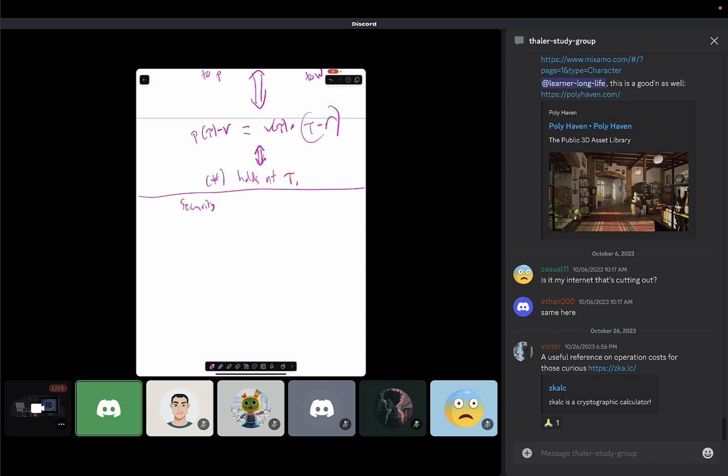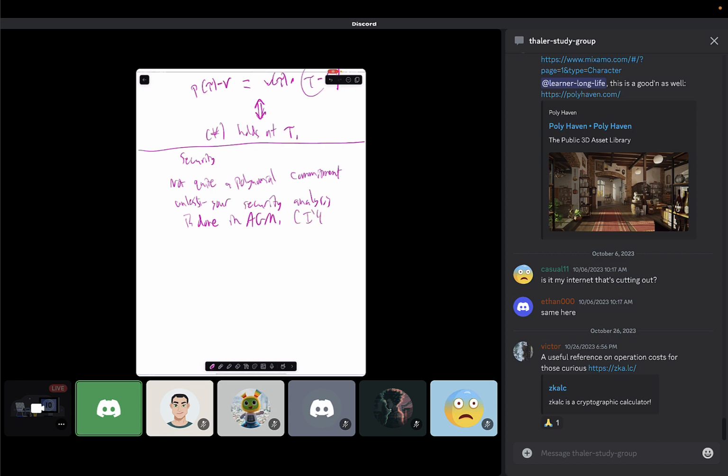So the scheme I just described to you is actually not quite a polynomial commitment scheme, unless your security analysis is done in an idealized model, like the algebraic group model. I'll explain more about this in a bit.